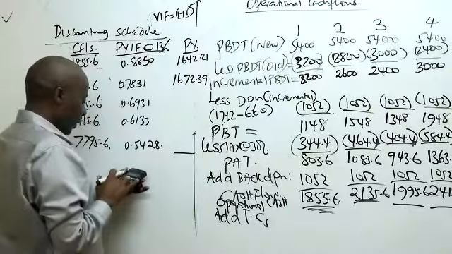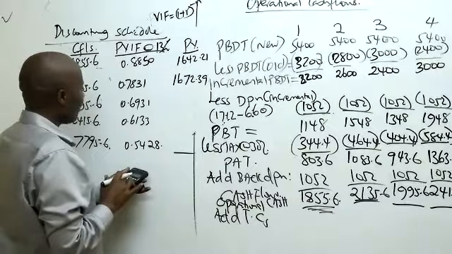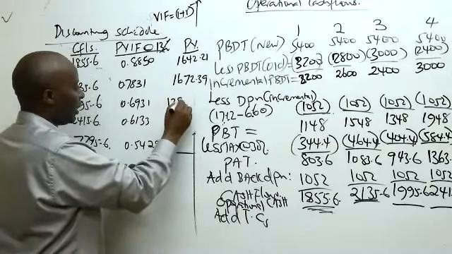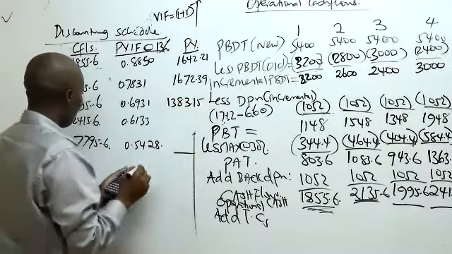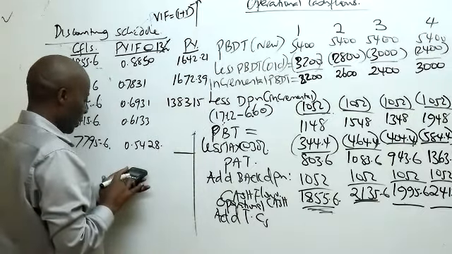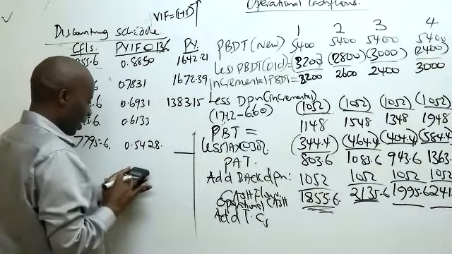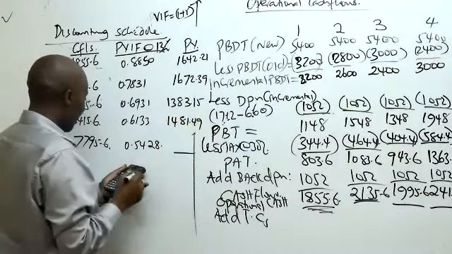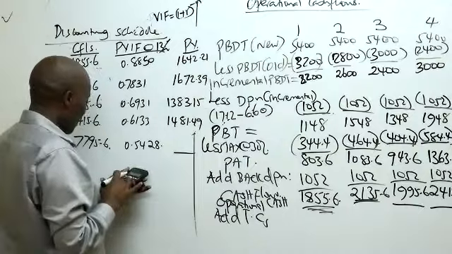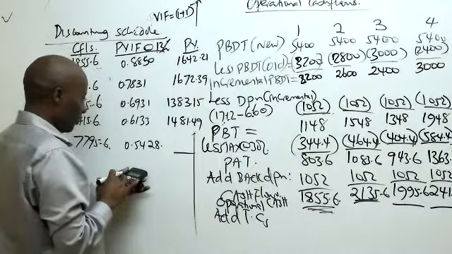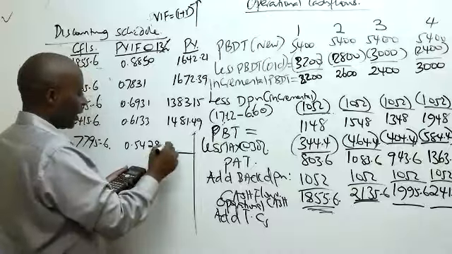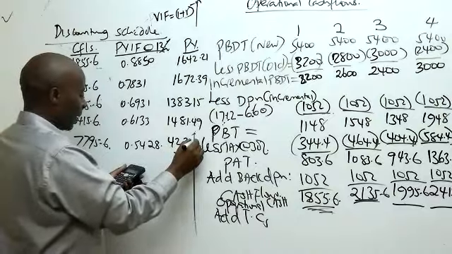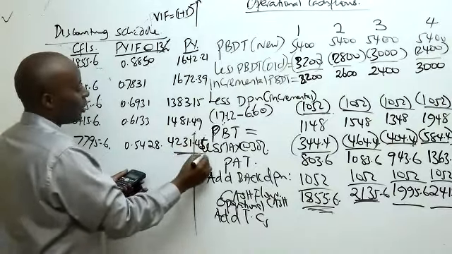Then 1995.6 times 0.6931 gives us 1383.15. 2415.6 times 0.6133 gives me 1481.49. Lastly, 7795.6 times 0.5428 gives us 4231.45. So add up everything.